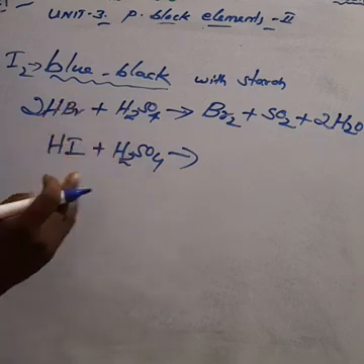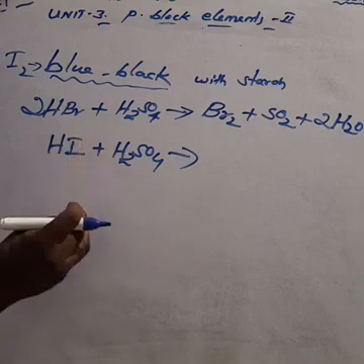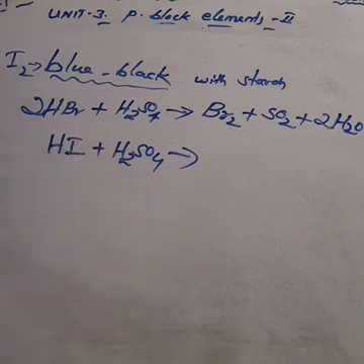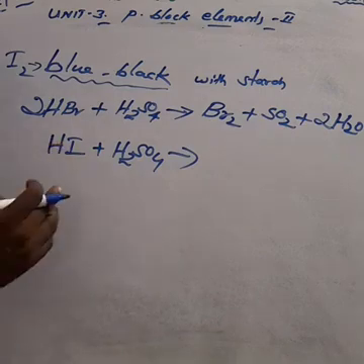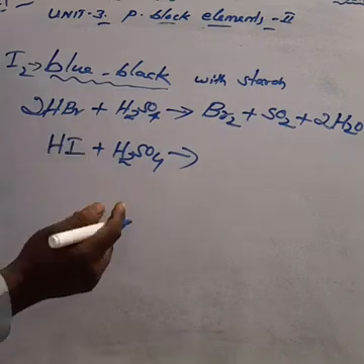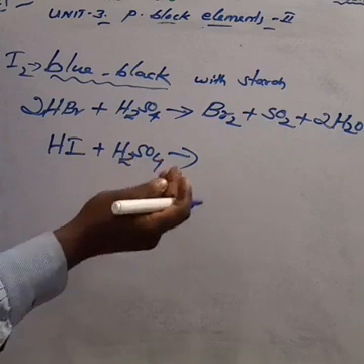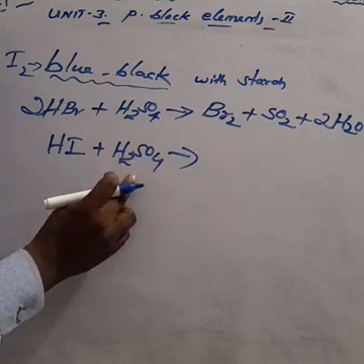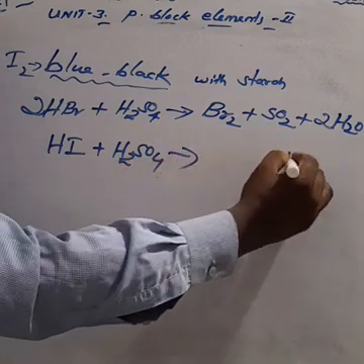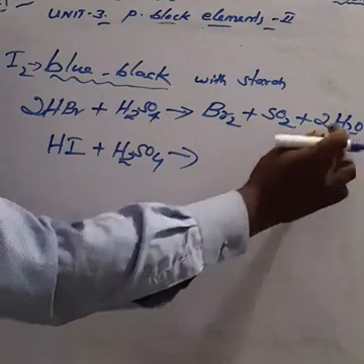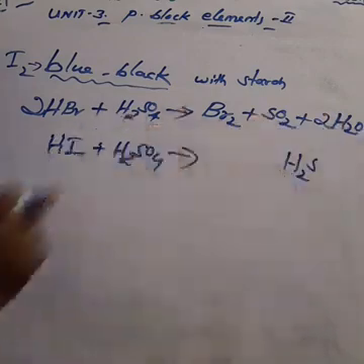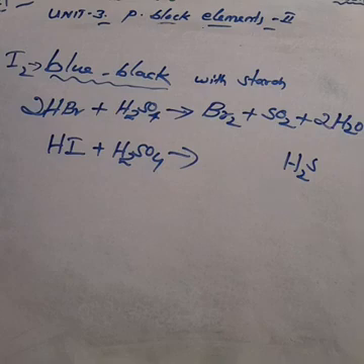But it cannot convert sulfuric acid into SO2. Only one is possible: hydrogen iodide can rapidly reduce sulfuric acid into hydrogen sulfide, not sulfur dioxide. The equation is very, very important, okay? How can you write the equation?